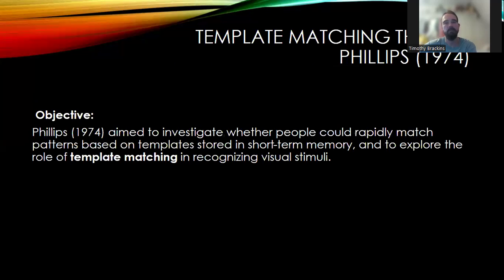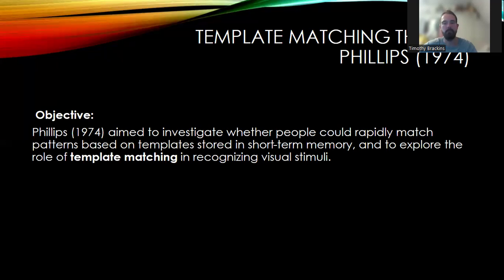What is evidence for this theory? So let's talk about one of the early studies, where they actually investigated this and tried to determine the role of template matching. So this was 1974, where Phillips, this is the last name, investigated whether people could rapidly match patterns based on templates stored in their short-term memory, and explored the role of template matching in recognizing visual stimuli.